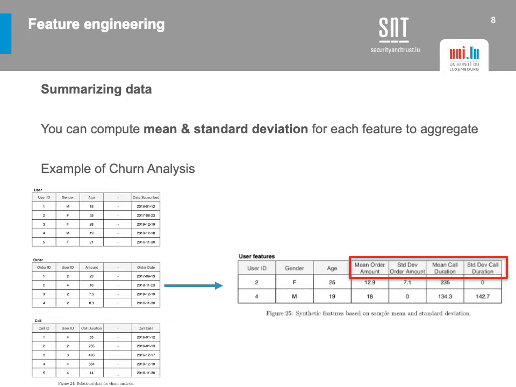Here, for example, we have a customer of a mobile phone operator, and we want to predict whether a customer will soon abandon the subscription, because we have some data about previous customers, and we know when old customers quit the subscription.